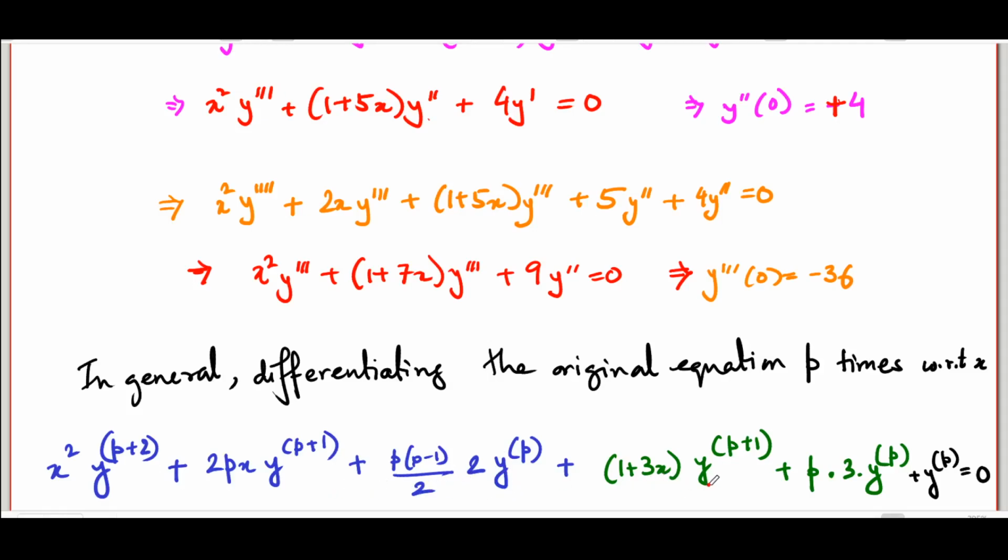Similarly, with 1 plus 3x y prime, you actually get two terms. One where you differentiate y p times and this not at all. The second when you differentiate this once and this p minus 1 times to get y p, and that's multiplied by p choose 1. And finally, y of course gives you y of p.